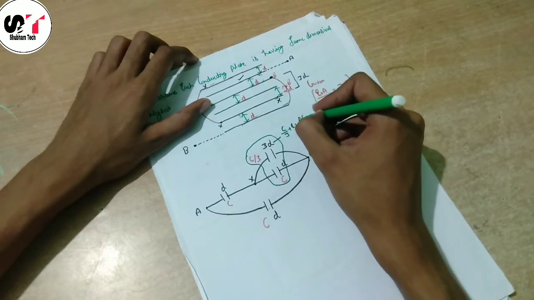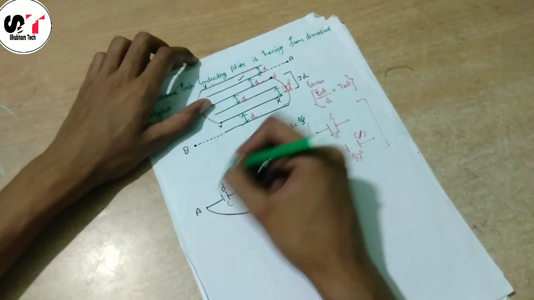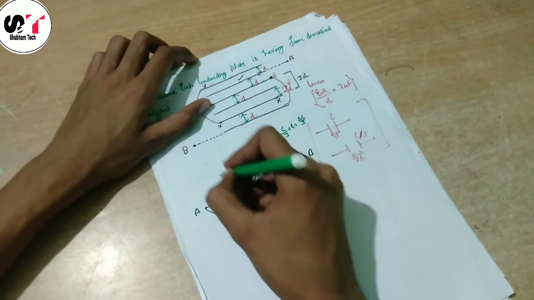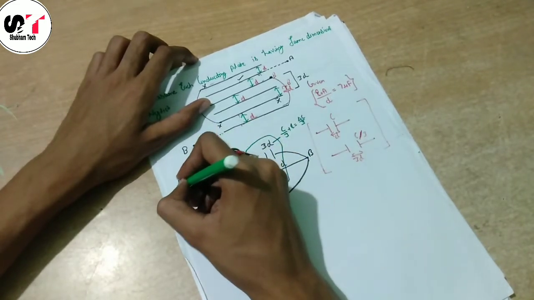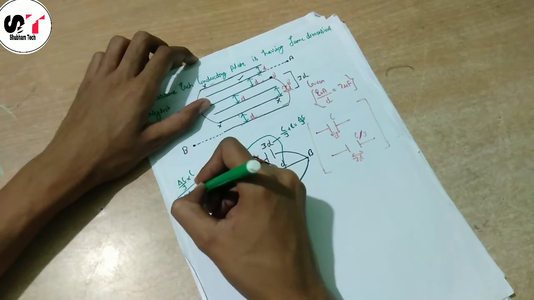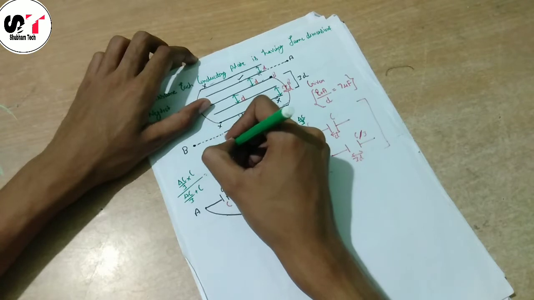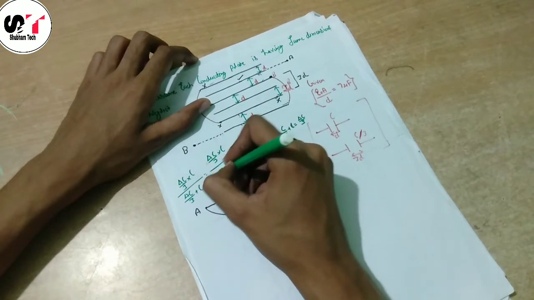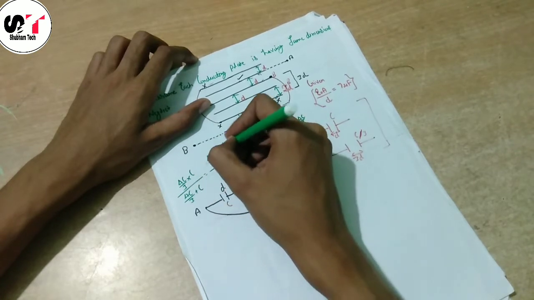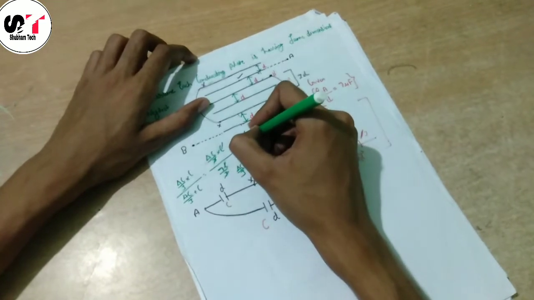Now this 4C by 3 and C are in series, means 4C by 3 into C divided by 4C by 3 plus C, we get 4C by 3 into C over 7C by 3. C cancels out, 3 cancels out, we get 4C by 7.